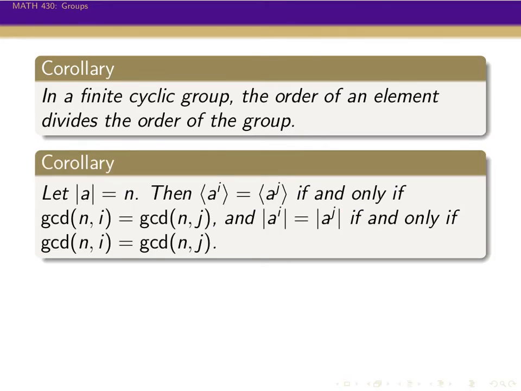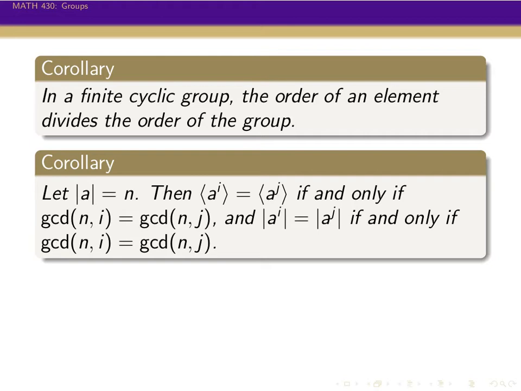Next, if a has order n, then the subgroup generated by a to the i is equal to the subgroup generated by a to the j if and only if their GCDs with n are equal. And their orders are equal if and only if their GCDs are equal.